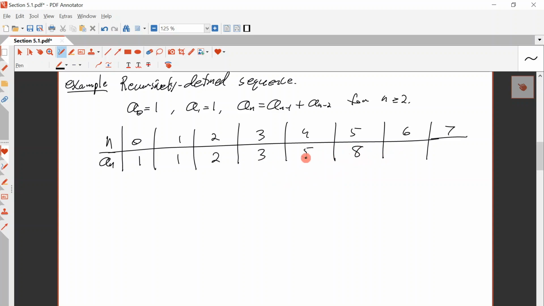This one, the sum of the previous two. This one, the sum of the previous two. And so on like that. So that's a recursively defined sequence, recursively meaning it's defined in terms of itself. All right, you have some initial conditions: A0 is 1, A1 is 1, and then after that, A2 is defined in terms of previous terms in the sequence. Okay, convergence of sequences.